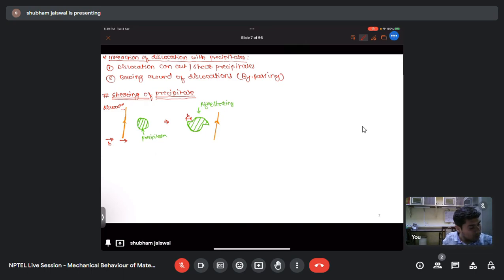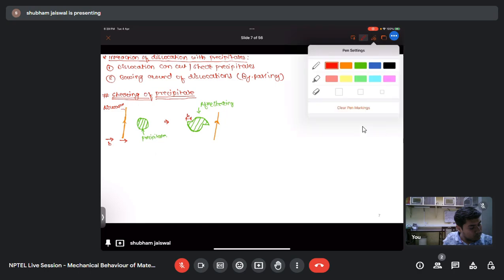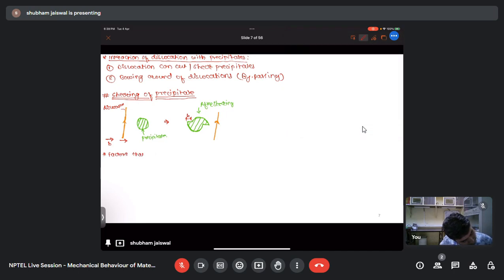So let me write down the factors that affect the ease of cutting. So what are these factors?